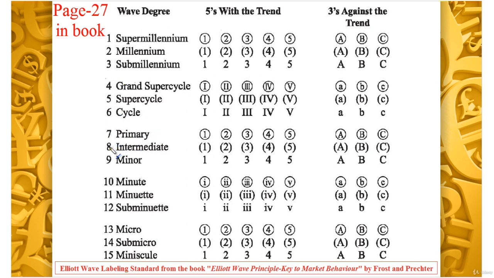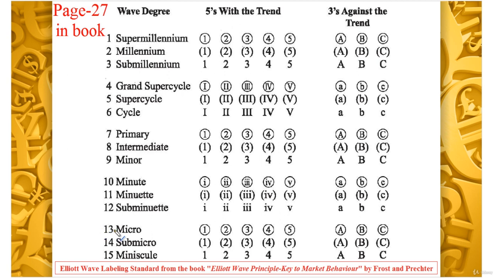Then we have primary degree, intermediate degree, minor degree. Then we have minute, minuet, subminuet. And then we have very small degrees, maybe the intraday time frame, like 1 hour, or 15-minute time frame, or maybe even 1-minute time frame.